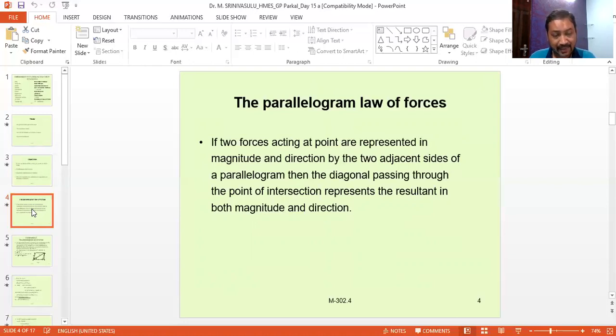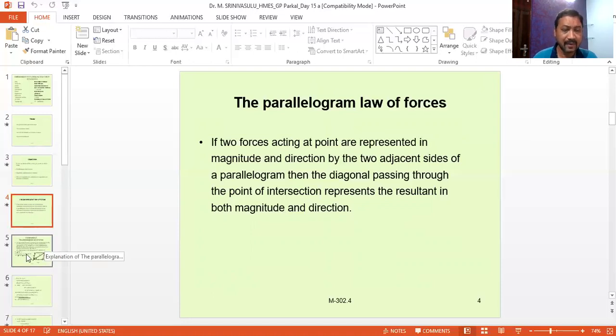That means there are two conditions: the forces must act in the same plane, that is coplanar, and they should act at the same point, so the origin of the forces must be the same. Then we can find the resultant of those two forces by making use of the parallelogram law of forces.